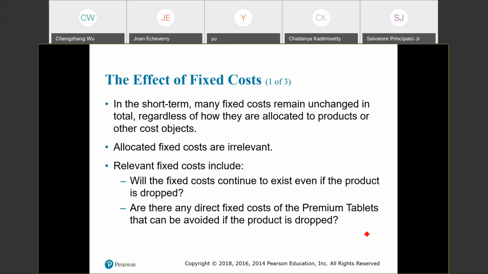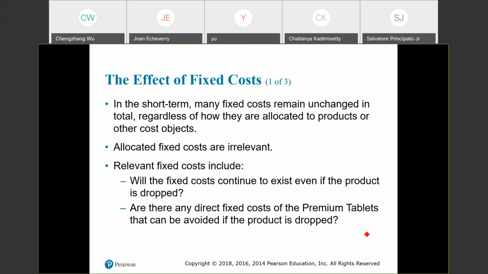For example, fixed cost could be allocated using a traditional method with direct labor hours as the allocation base, by using activity-based costing, or by some other method.